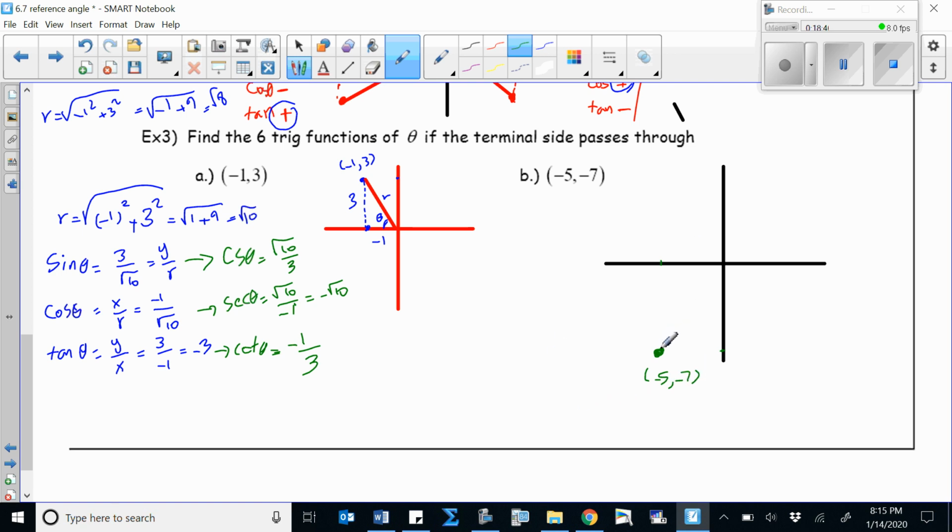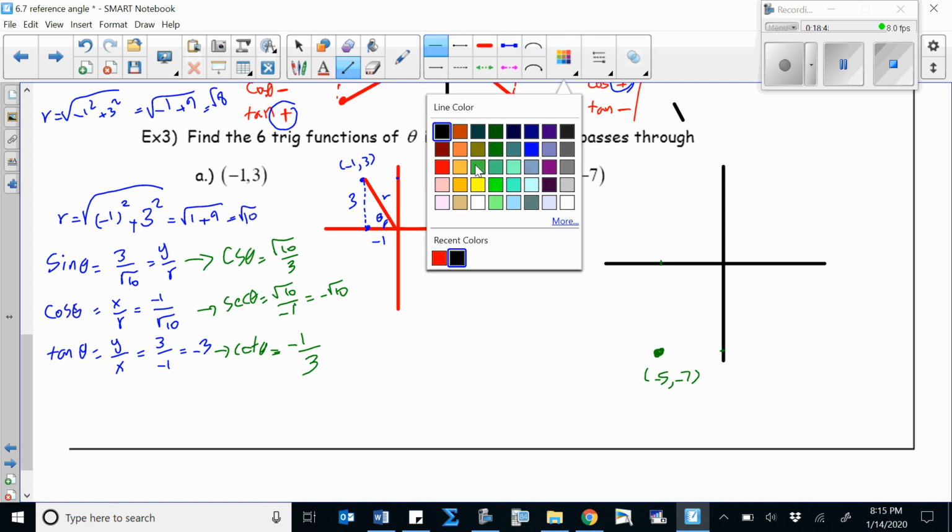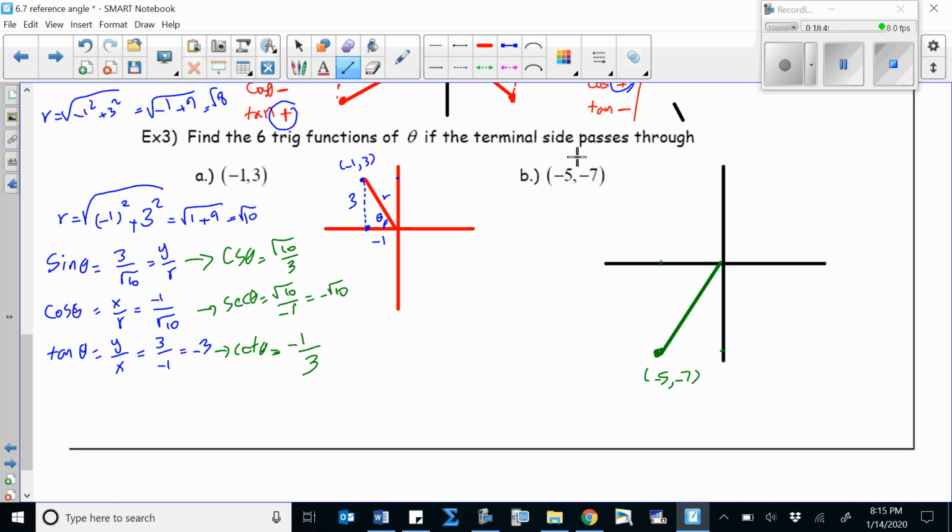Then you draw a straight line from the point to the origin. Then you're going to draw a straight line from the point to the x-axis, not to the y-axis, only to the x-axis.